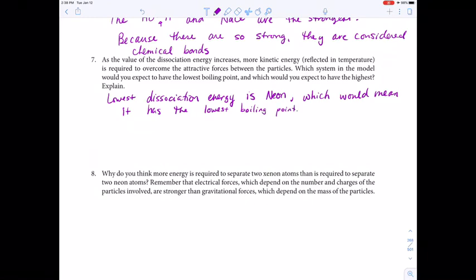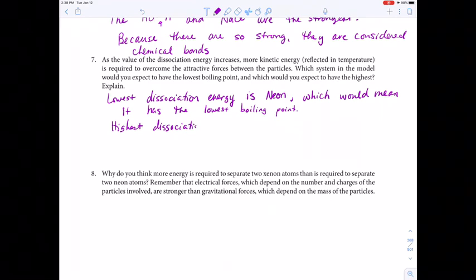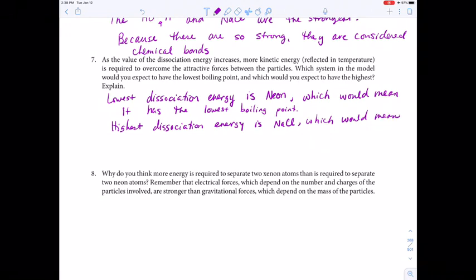Okay, the highest dissociation energy is the sodium chloride, which would mean it has the highest boiling point.